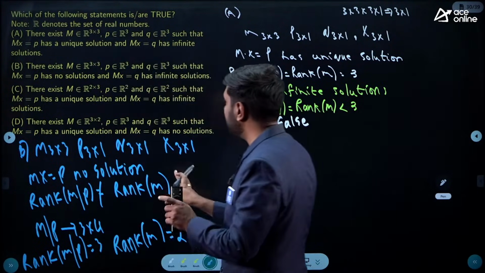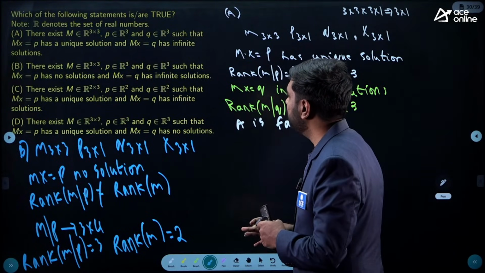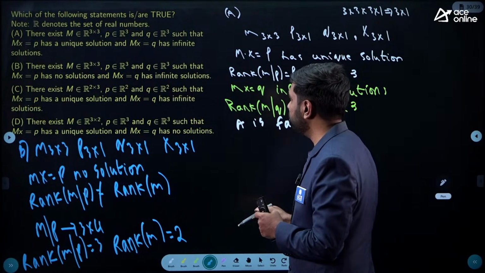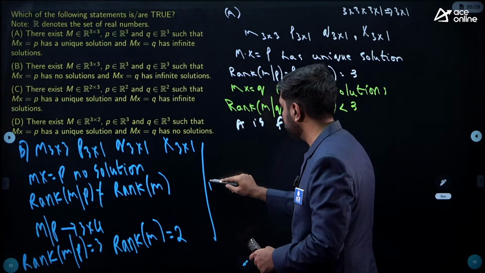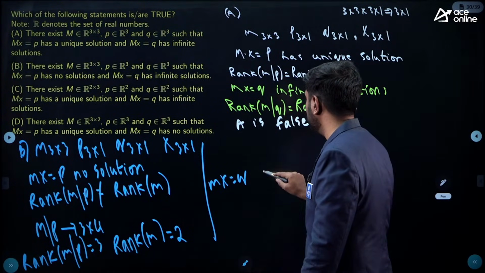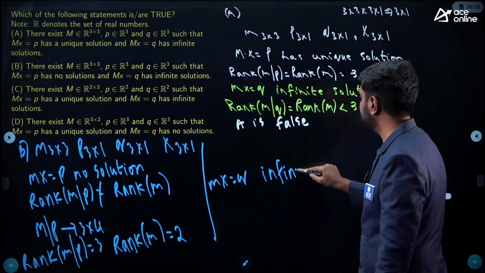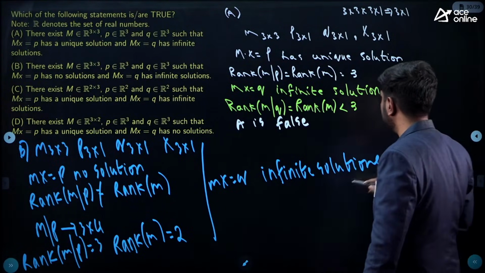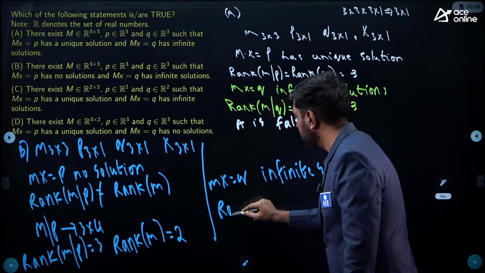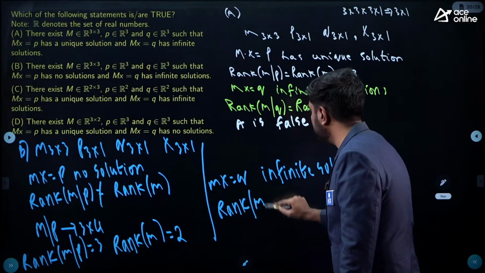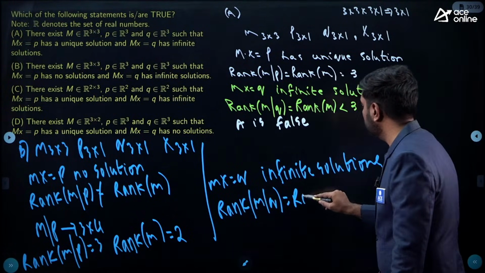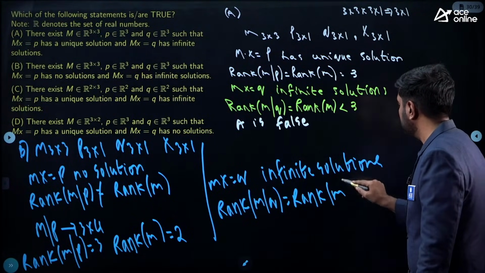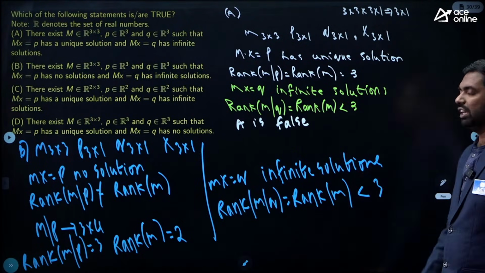Yes, this can be a situation where you can have no solution, and he wants Mx equal to Q to have infinitely many solutions. Okay, Mx equal to Q, infinite solutions. How is this possible? When rank of [M|Q] equals rank of M, which is less than the number of variables.